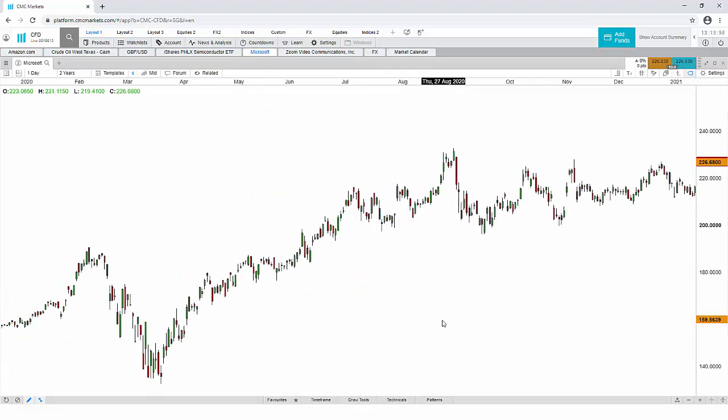Let's take a look at this example of Microsoft. This is a daily chart of Microsoft, and we are at 19th of January 2021, not too long ago. What we see is that, previously, from the March low it is trading in a series of higher highs and higher lows, so we know it's an uptrend.